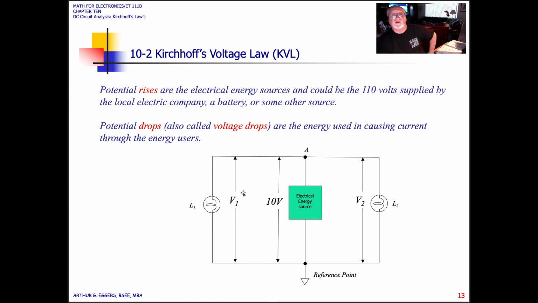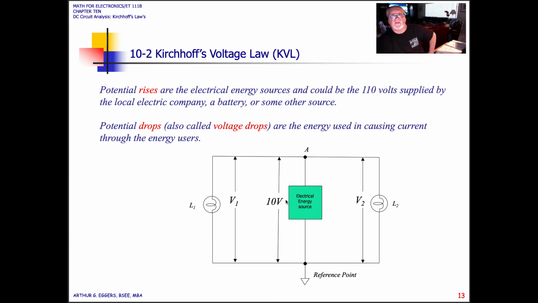You need to get used to understanding a circuit like this, and this is a very simple circuit that has two branches in parallel. The voltage across lamp 1, V2, is the same as the source. The voltage across V1, 10 volts, is the same as the source.